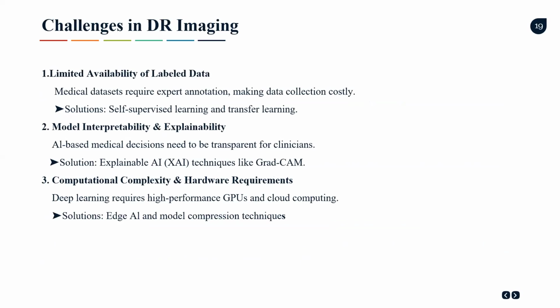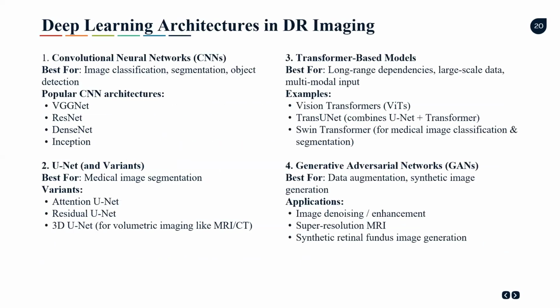There are some challenges in DR. That means limited availability of labeled data, model interpretability and explainability, and computational complexity in the hardware environment. So some solutions are there, explainable techniques that we are using for XAI. Now, some deep learning architectures that we are using in DR imaging. Here different types of DR networks are available.